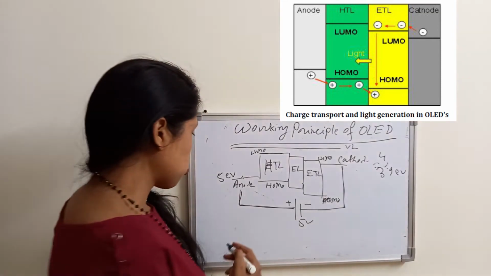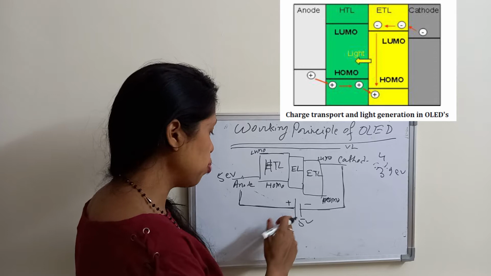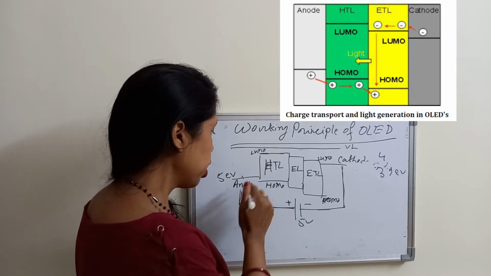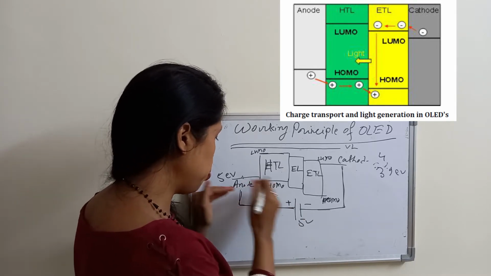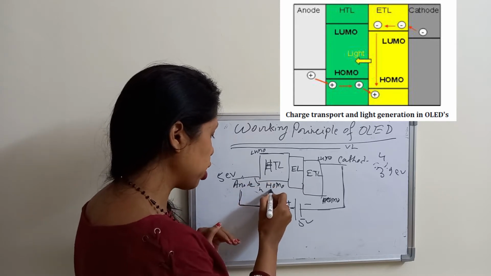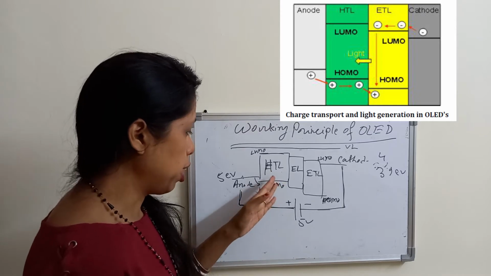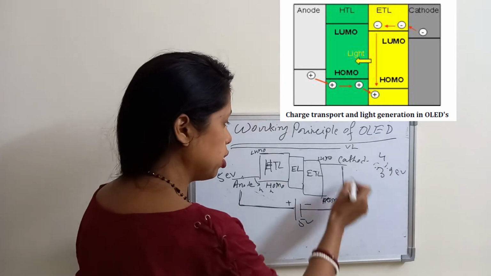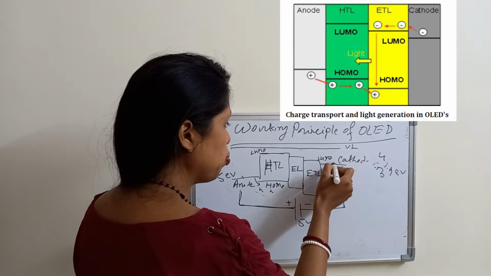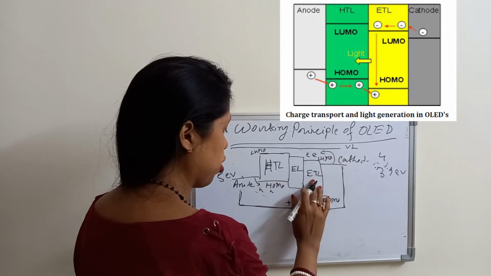Okay, so when we apply the positive bias, the positive voltage at the anode side, the hole will be repelled from the anode and it will be transported into the hole transport layer, right? And in this case the electron will be repelled from the cathode and it will be transported into the electron transport layer.